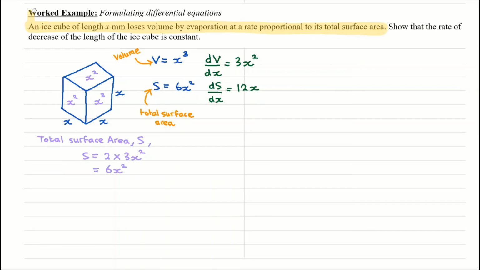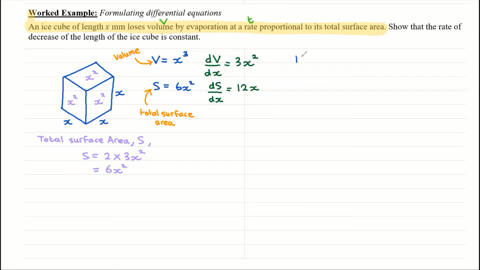Now that brings in the time variable. So it's the rate of evaporation. Evaporation is something that occurs over time. So volume, and it's rate proportional. So it's with respect to time because the other variable isn't specified, essentially.